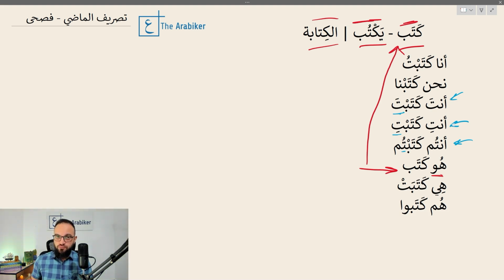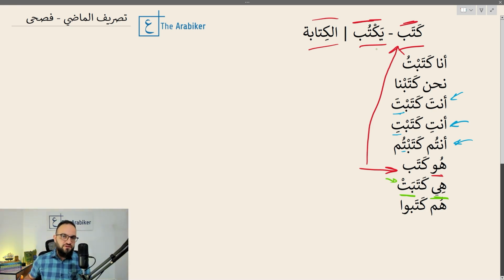The fourth thing that you might have noticed is that for the conjugation of hiya, she, we added the suffix at the end of the word, with sukoon on the ta, of course. That is also known in Arabic.